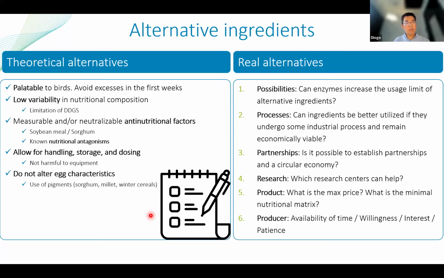Sometimes we use sorghum and millet in the feed, but we need to use some pigments to keep the yolk color. It should not cause metabolic disorders. This is the limitation of bakery byproducts. And essentially it needs to be economically viable. This is still a limitation for insect meal.